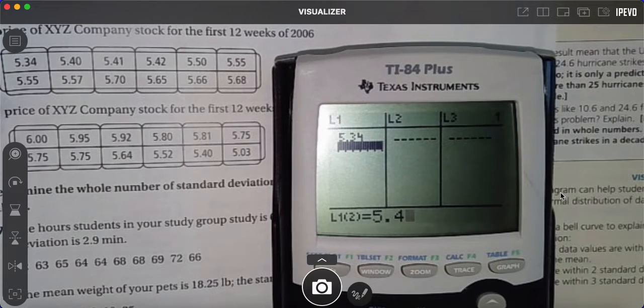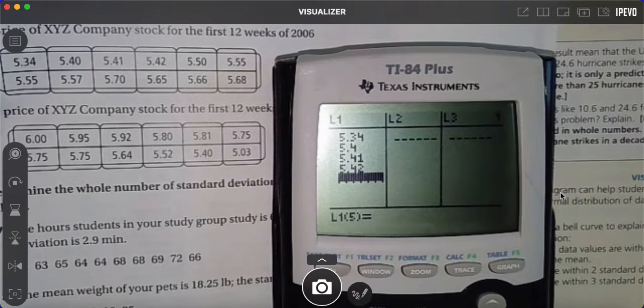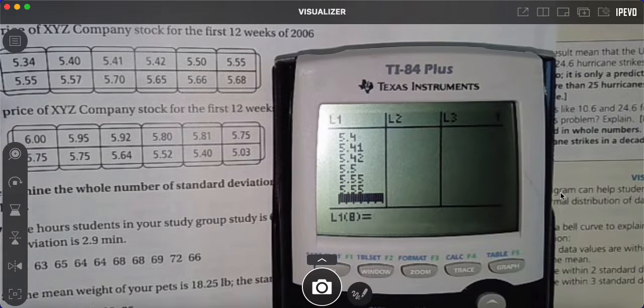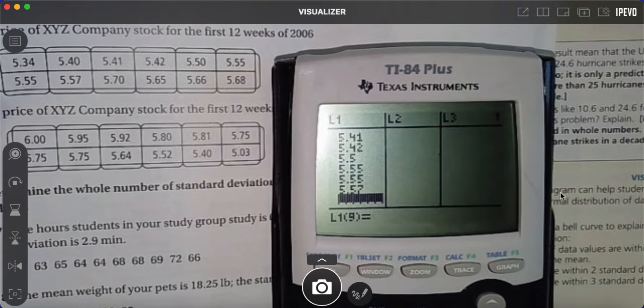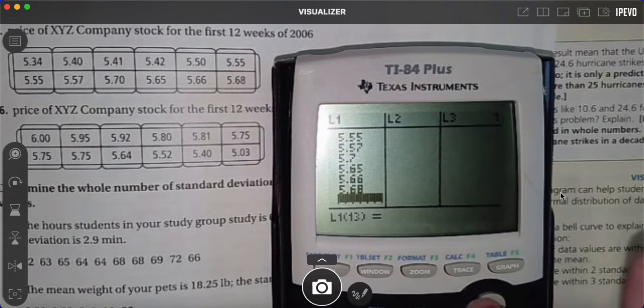Entering: 5.34, 5.4, 5.41, 5.42, 5.5, 5.55, 5.55 again, 5.57, 5.65, 5.66, and 5.68. So we have 12 numbers in list 1.